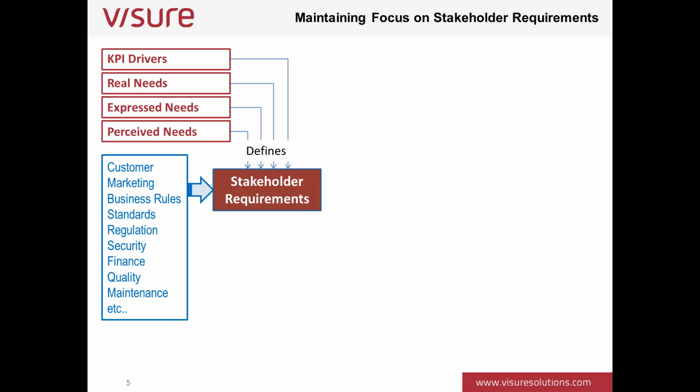Marketing is a stakeholder. Business rules and standards are another stakeholder that have an impact on the requirements which affect your system or product development. Regulation, security, and of course finance all play a part and have an interest in the project. Quality control and maintenance as well.